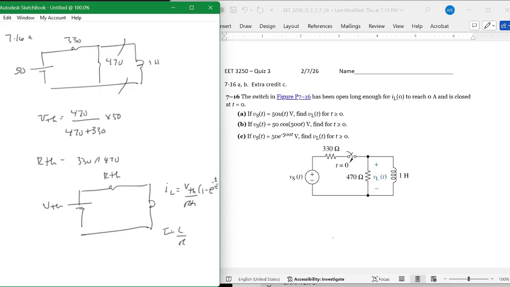That's DC. Everybody see that? That's a DC solution. That's a chapter 6 solution. Excuse me, that's a chapter 7 solution.